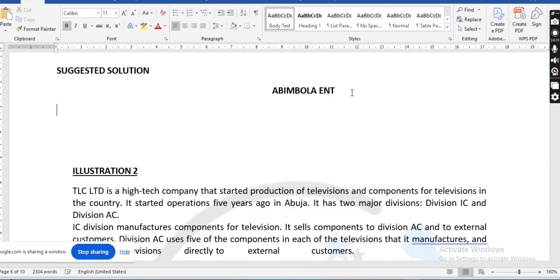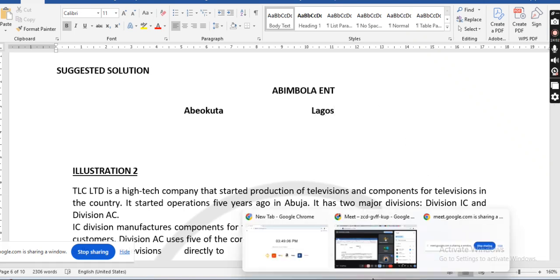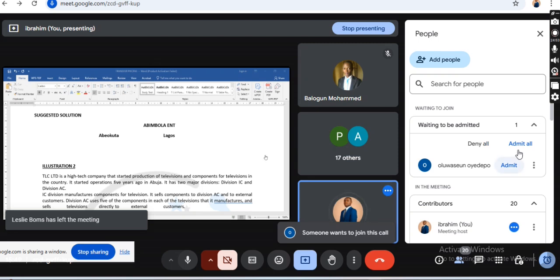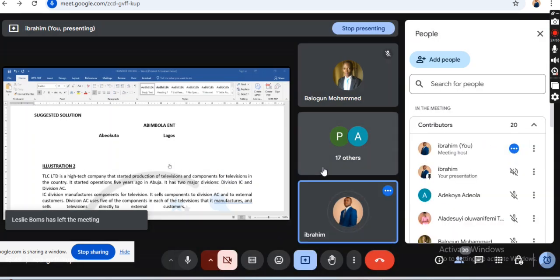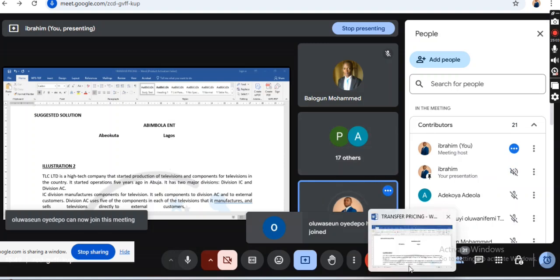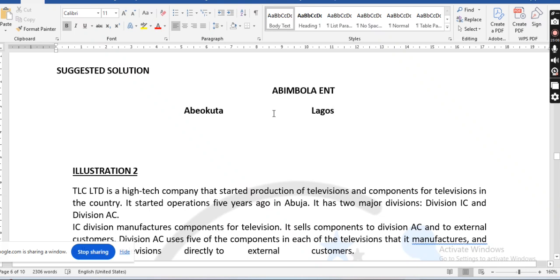So we need to split it into 2 divisions. Abeokuta division, we need to split it like this. Abeokuta division, and Lagos. They should have mentioned one side in Abeokuta now.